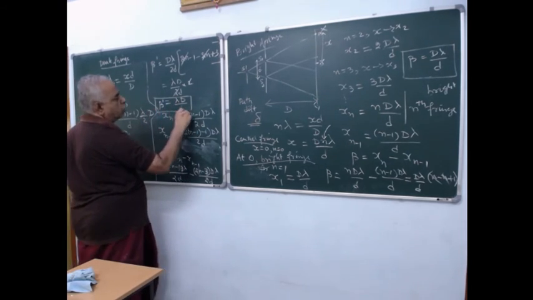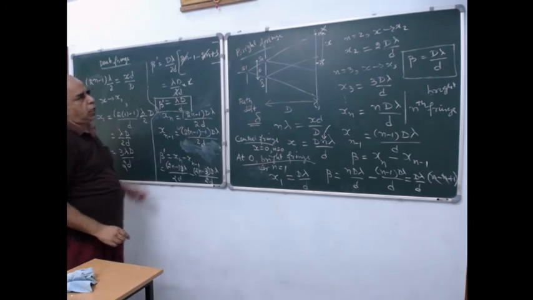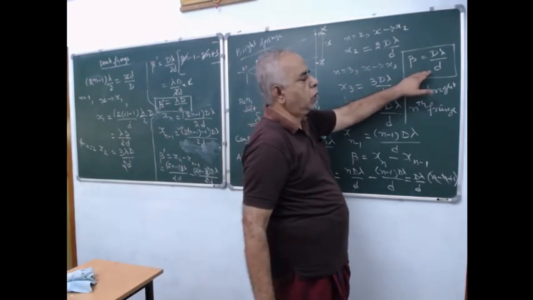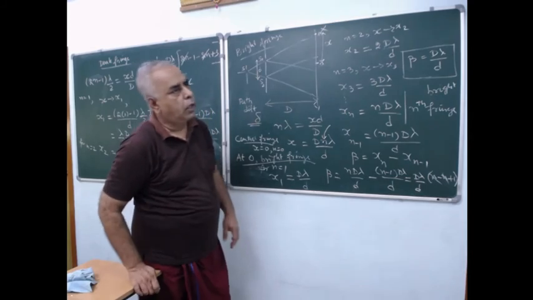Again the dark fringe width is the same as that of bright fringe. So what does it mean?